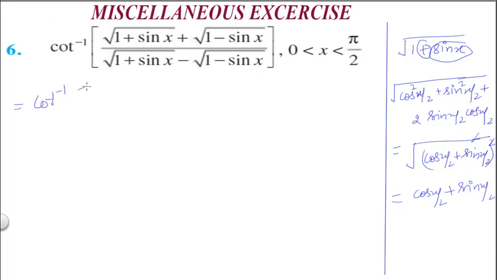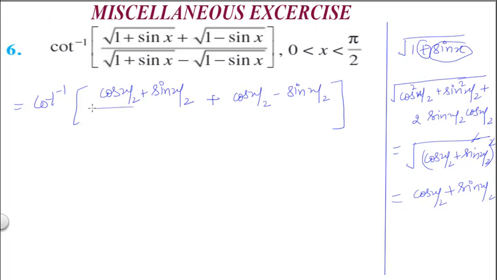So you will get cot inverse of cos x by 2 plus sin x by 2, because there is a plus sign in between, just now we have solved, plus when we have minus sign, we will get minus 2 sin x by 2 cos x by 2. So formula will be of minus cos of x by 2 minus sin x by 2. This is our numerator.